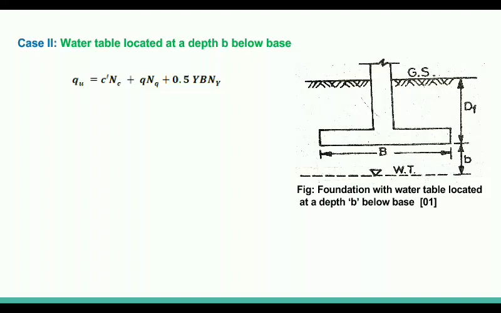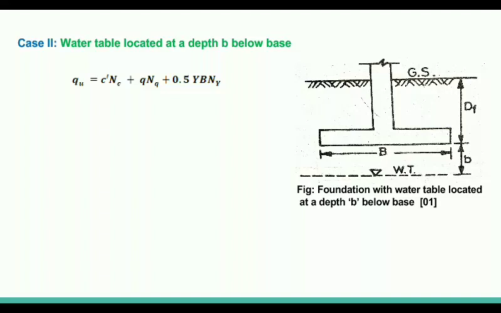It will affect the third term, and the third term came from the weight of soil just beneath the base of the footing, or immediately beneath the footing. Are you getting the point? In the third term there is 0.5 gamma B N gamma. N gamma depends upon phi, the shear strength parameter of the soil. B is the width of the footing, and 0.5 is the numerical value, so it will affect only the gamma.